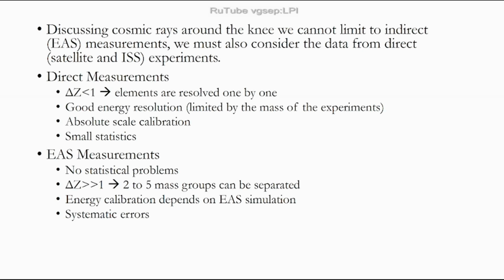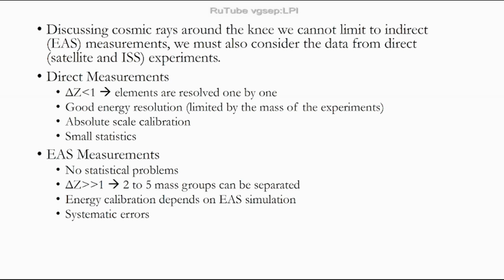So we can identify the primary particle that originated the event. We have a good energy resolution. All these experiments operate a calorimeter and can directly measure the energy of the event, even if these experiments are limited by the mass of the calorimeter, which limits the energy range that can be precisely measured.